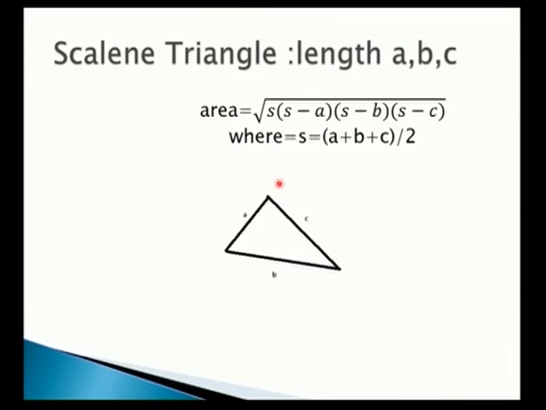Then the scalene triangle. This scalene triangle is used in some important areas in area calculation. The area of this scalene triangle is obtained by the formula square root of s into s minus a into s minus b into s minus c, where s is equal to a plus b plus c by 2.